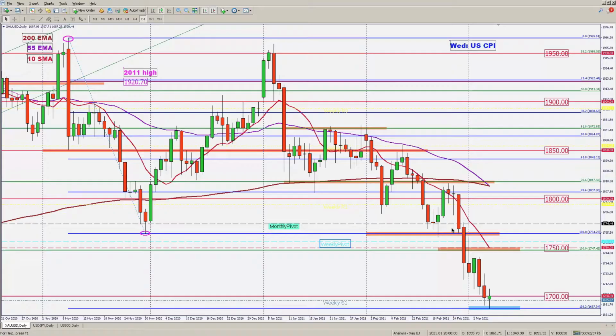So there could be some pullback this coming week, but it could be a limited move. We'll see how the US dollar progresses as well.